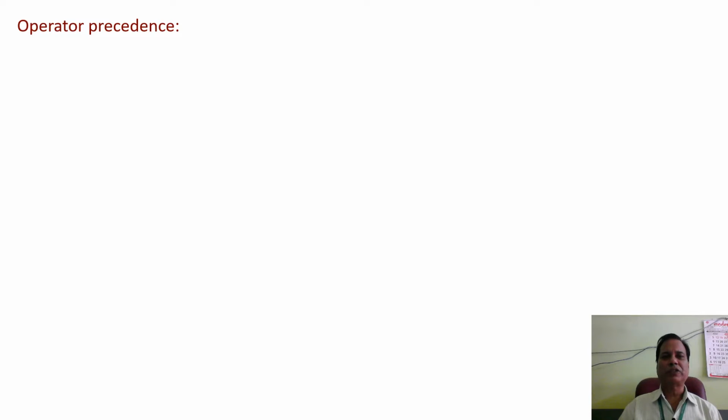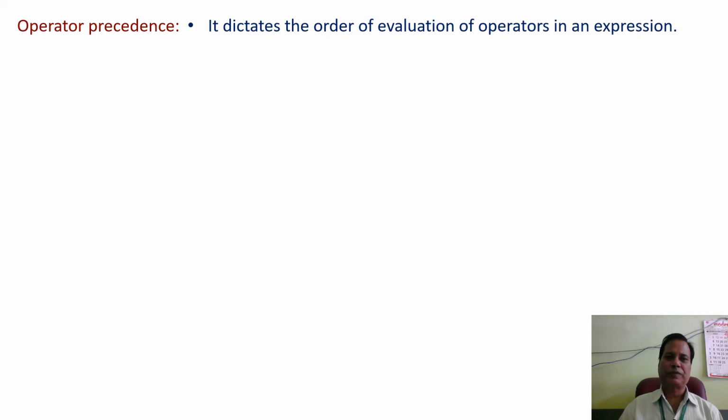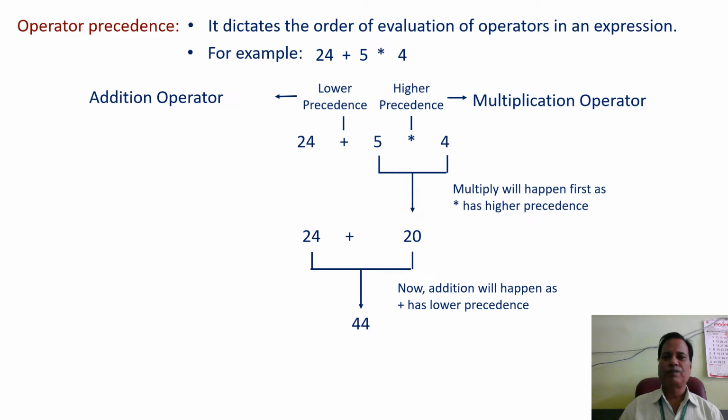Now let us discuss operator precedence. It dictates the order of evaluation of operators in an expression. For example, if we have the expression 24 plus 5 asterisk 4, then how is this expression evaluated?